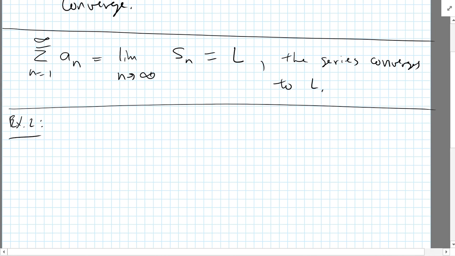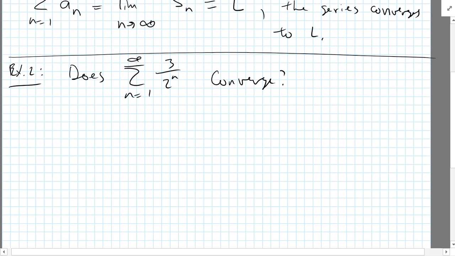I want to know, does the summation of n equals 1 to infinity of 3 over 2 to the n power converge? Well, real quick, the first thing we do, we're going to check: does the limit as n goes to infinity of 3 over 2 to the n converge?